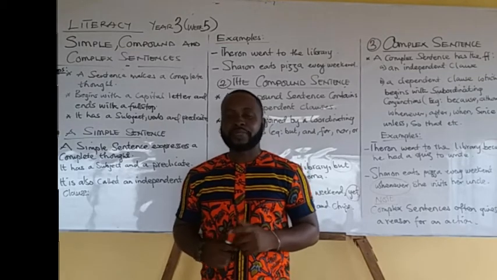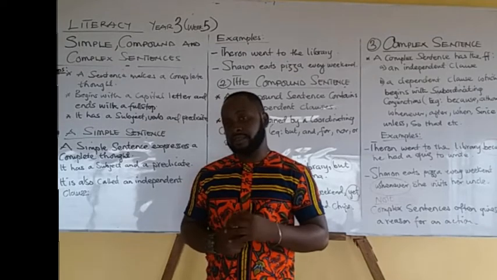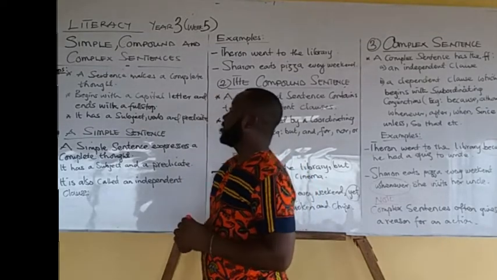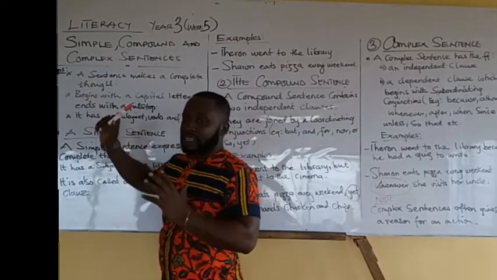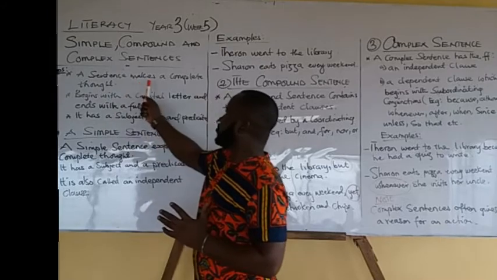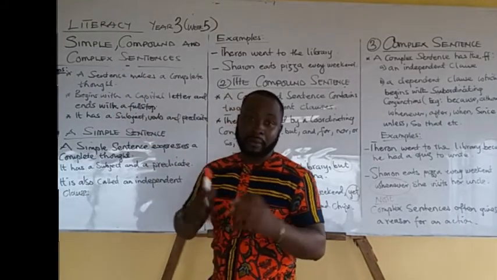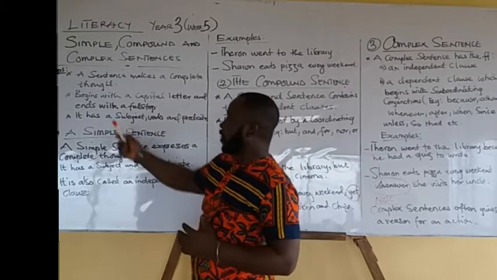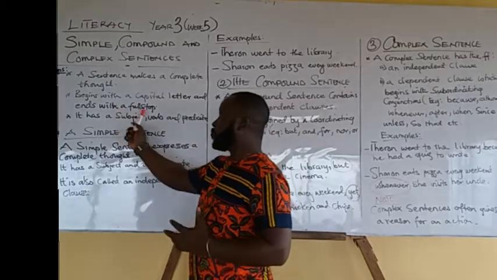Very well. Let's quickly go to the board and see a few tips about these sentences. Before we begin, our tip for a sentence is that a sentence makes a complete thought. Usually, that is what we know about a sentence. It also begins with a capital letter and ends with a full stop.